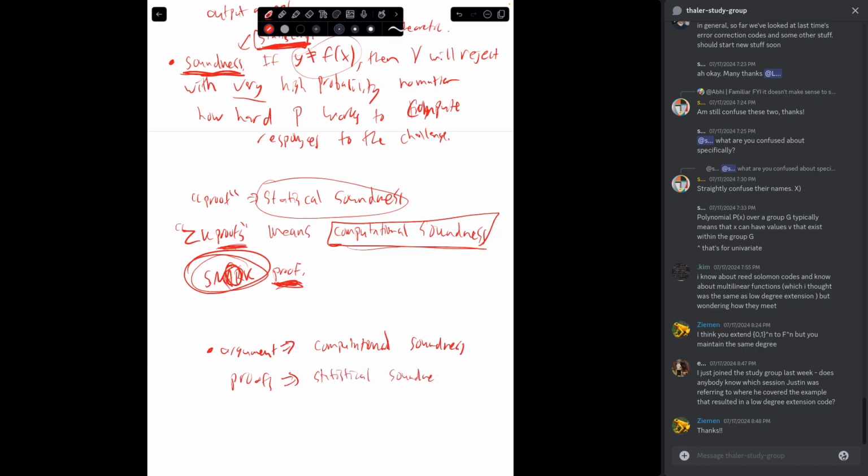So just a follow-up question. Does it mean that the Merkle proof is actually a Merkle argument? That's a good question. It sort of depends how you define what's being proved there. A Merkle commitment is only computationally binding.